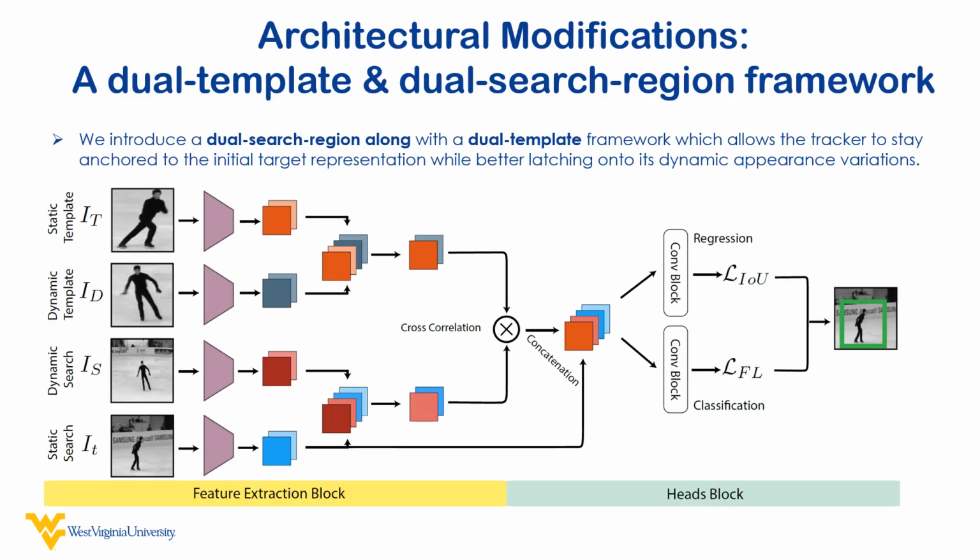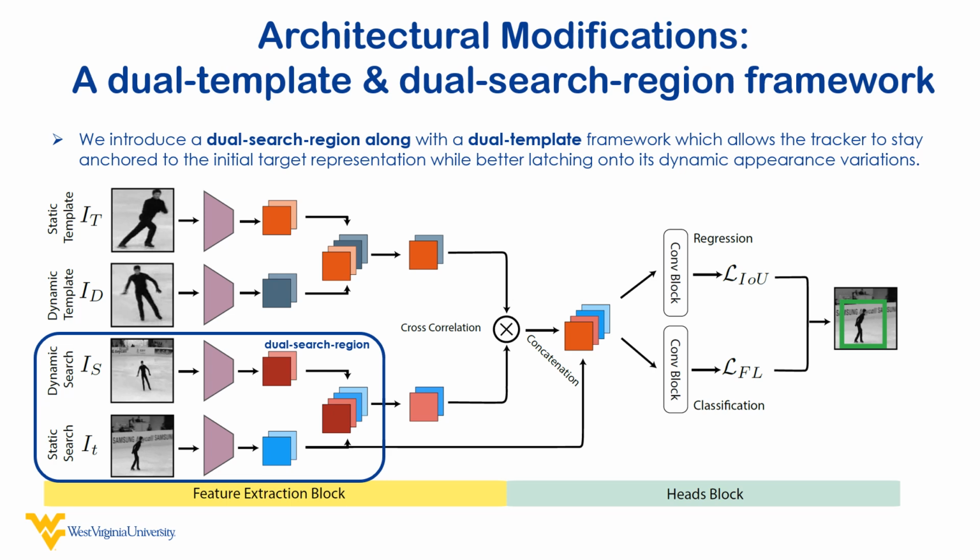As shown in the figure, in addition to a generic dual template framework, we introduce a dual search region framework. This allows the tracker to stay anchored to the initial target representations, while better latching onto its dynamic appearance variations, as the efficient trackers use smaller feature extractors that have limited representational capacity.